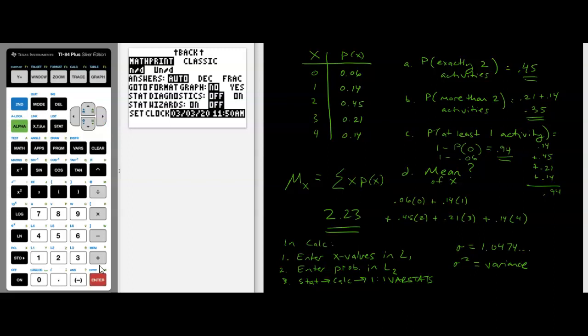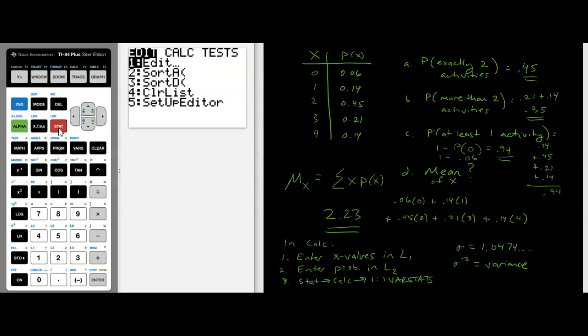But if we take stat wizards off and we go back to stat calc, one-var stats, now with the stat wizards off, we don't have that frequency list prompt anymore, and so we need to actually communicate with the calculator to look at both L1 and L2.